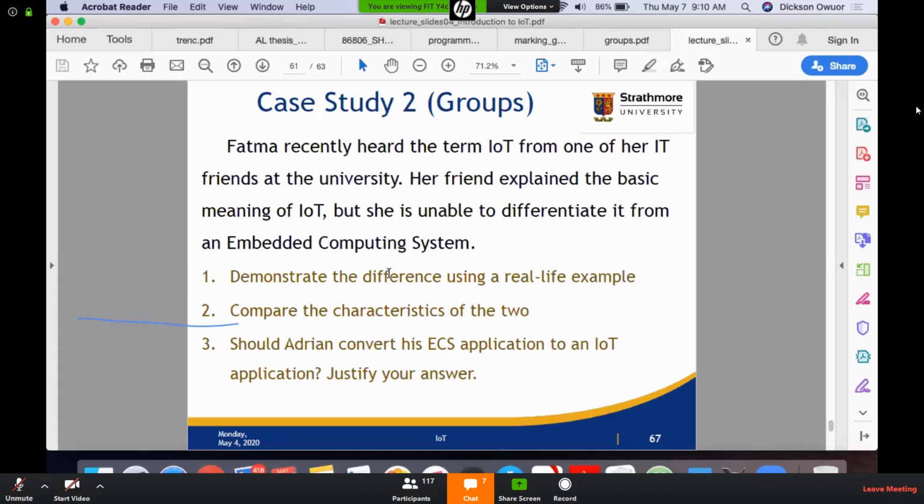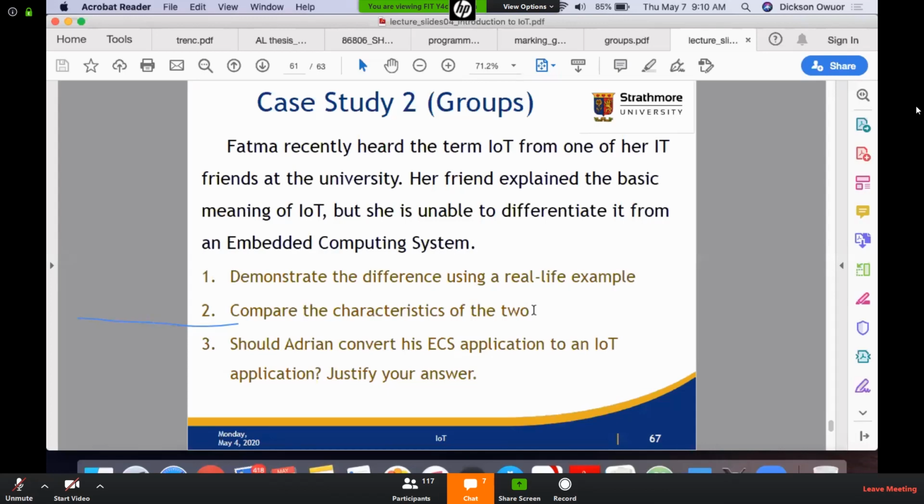So the first two questions in this case study are mainly trying to get you to differentiate between an embedded system and an IoT system. Now, the way I will go about it is, first of all, just look at the components of an ECS and the components of an IoT. They are the same. Okay. So for an ECS, you must have a sensor, actuator, microprocessor.